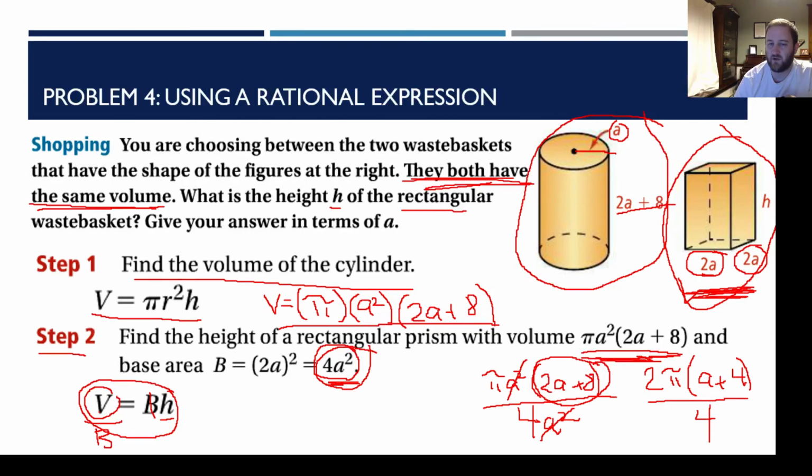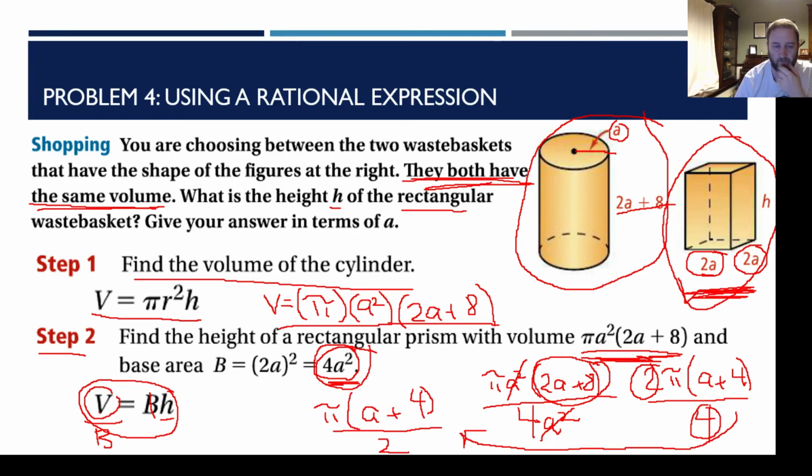Now we've got 2 and 4 that can simplify to 1 over 2. So then this becomes equal to, I'm running out of room here, I'll write this over here, 2 divided by 4 is 1 over 2, so it just becomes pi times a plus 4 over what's left on the denominator, which is 2. So this then is your simplified form. This would be your height then of the rectangular prism.